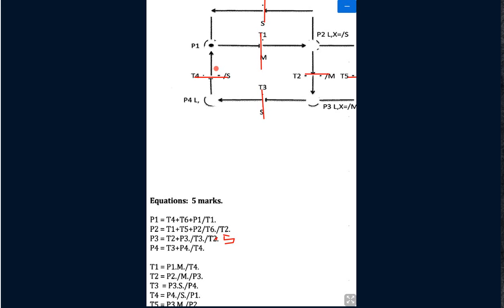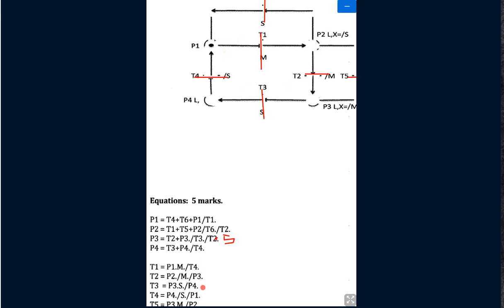Next is the T term. For T1, you're coming from P1, M, and then P2 bar. Why P1, P1, M is supposed to go? I think this is a typo again. P1 is supposed to be P1, M, P2 bar.